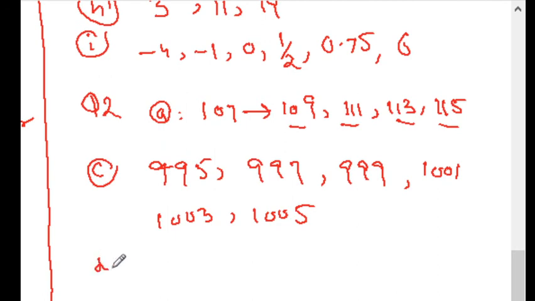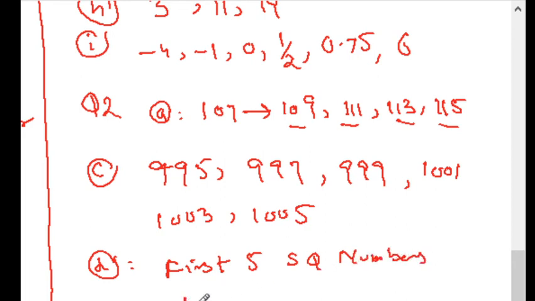Now, part D. What is part D? The first 5 square numbers. What are the first 5 square numbers?